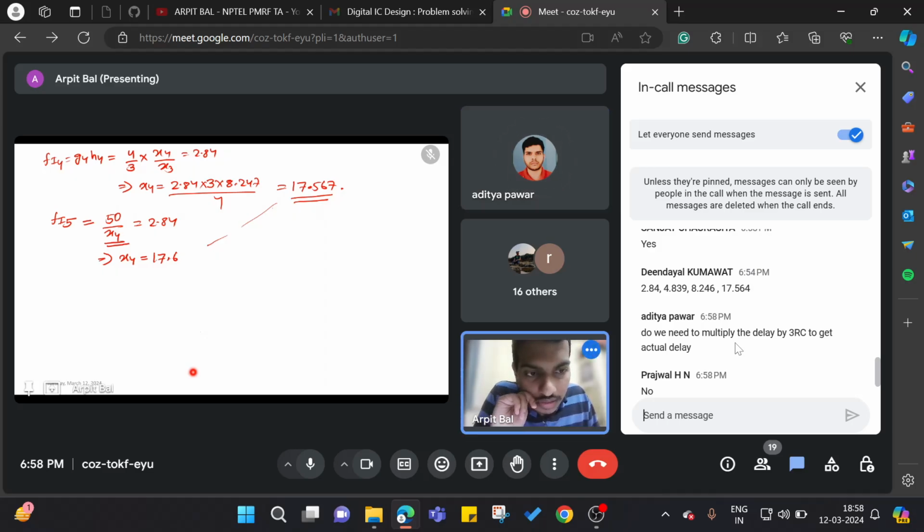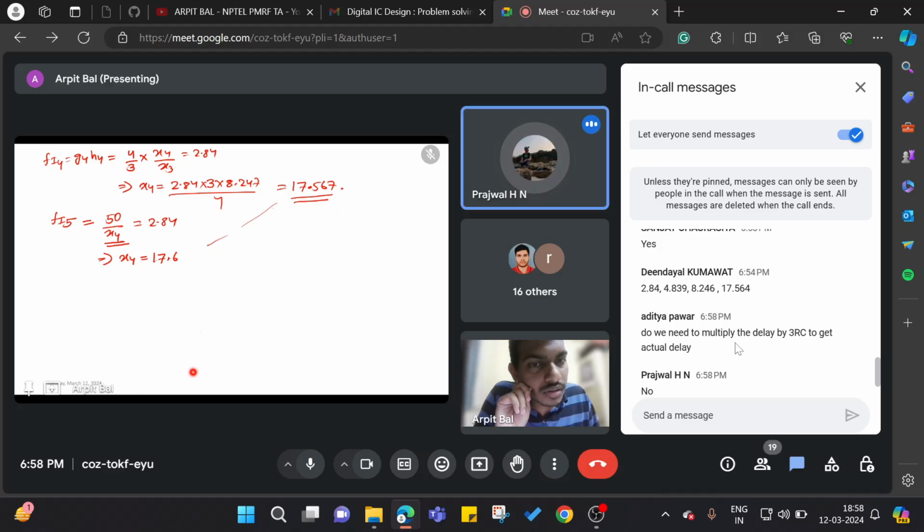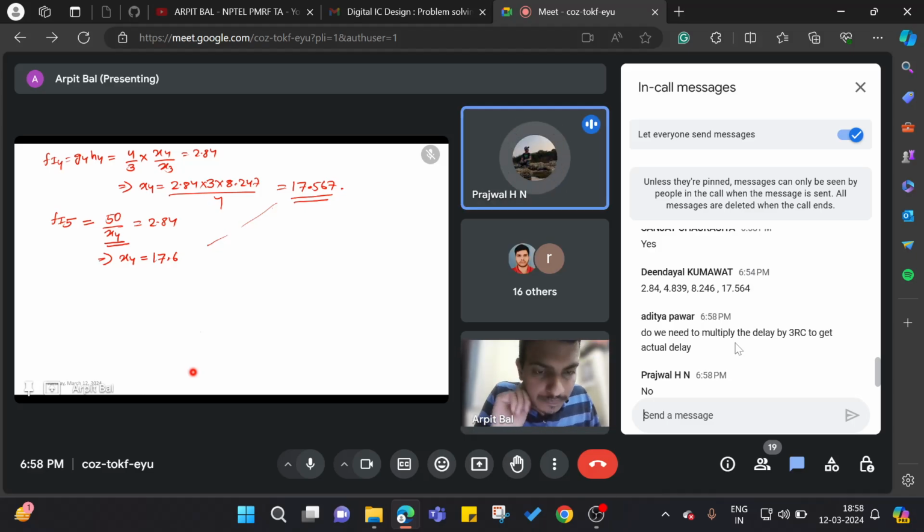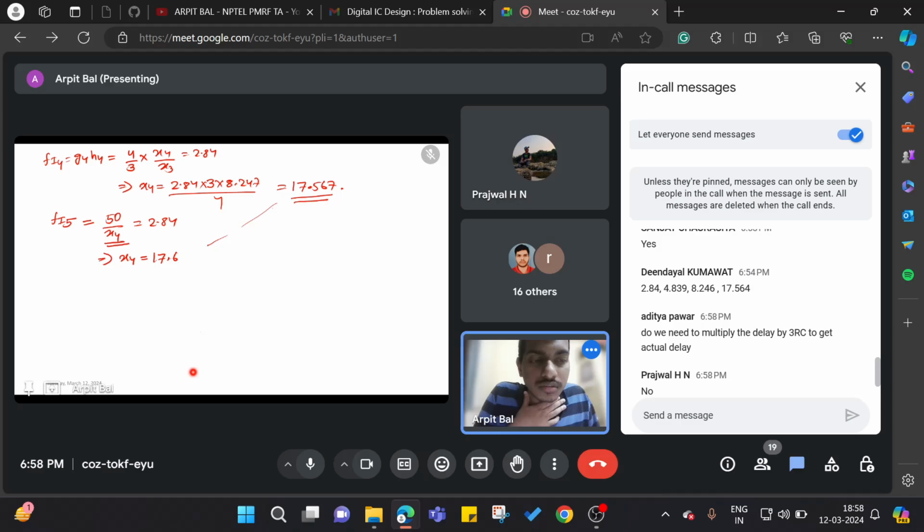But 3RC, I didn't get that part. 3RC is the delay of an inverter. Because when we found the normalized delay, we divided the actual delay by the delay of the inverter. Correct, so when we multiply it, we get the actual delay.